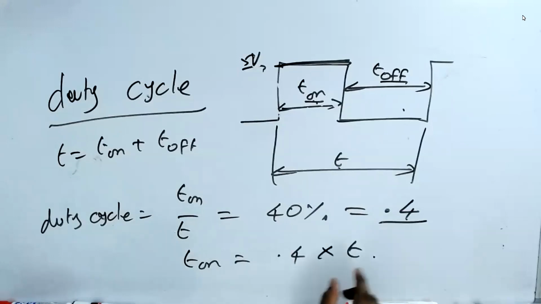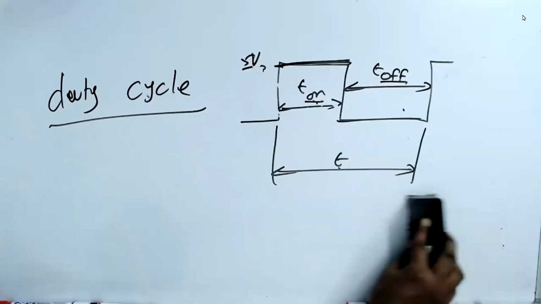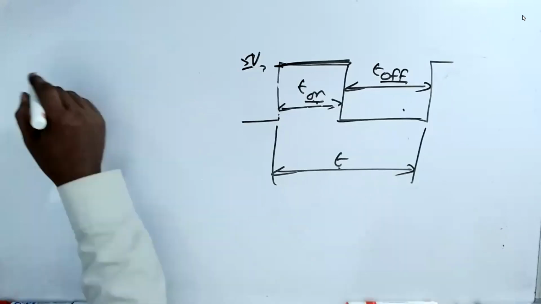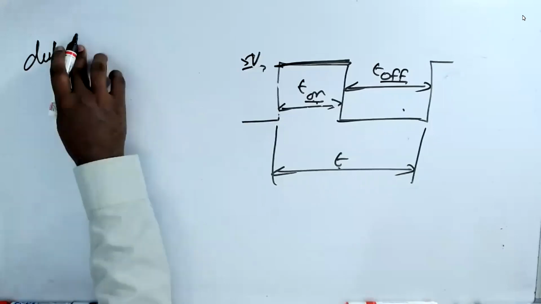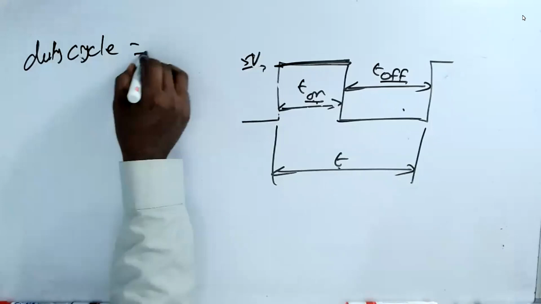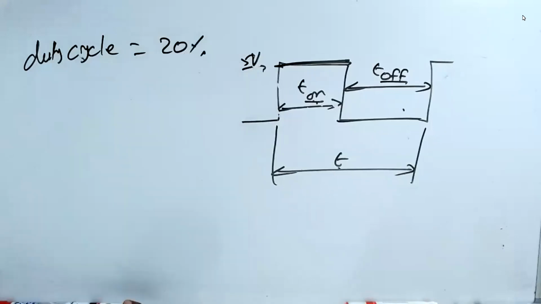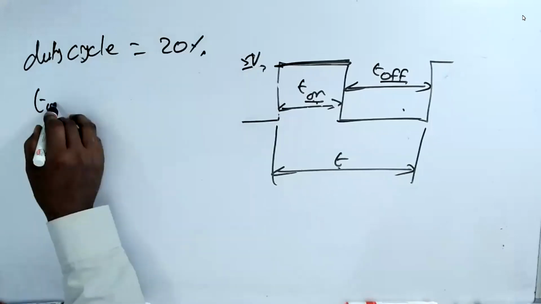If I say 20% duty cycle, then T on by T is equal to 20%, equal to 0.2.